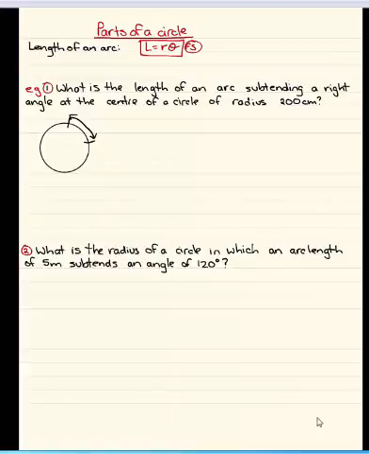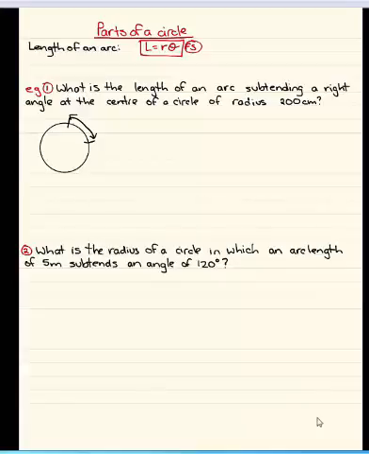Your formula for the length of an arc is the radius times theta, remembering that theta is now measured in radians. So this isn't degrees, this is radians.